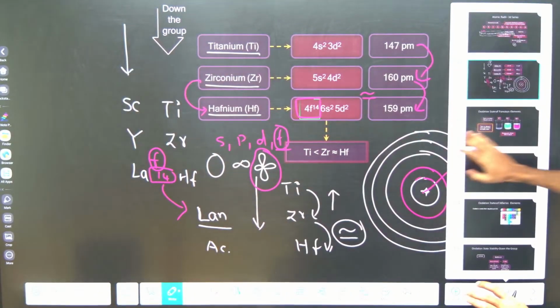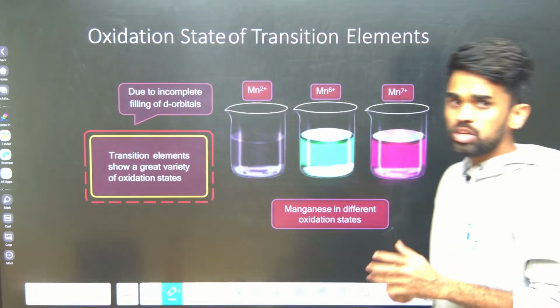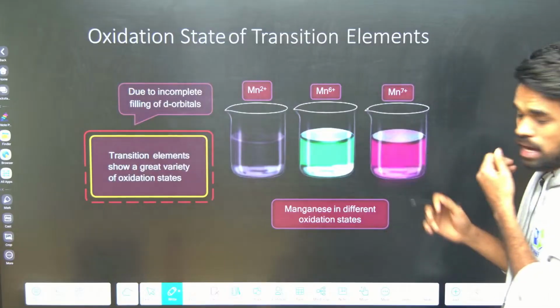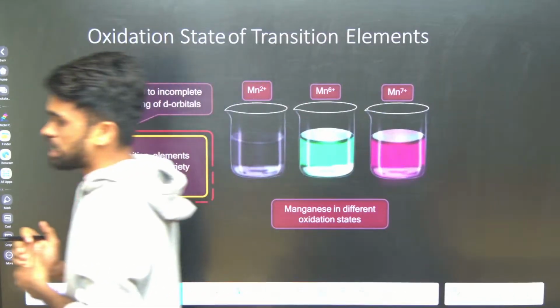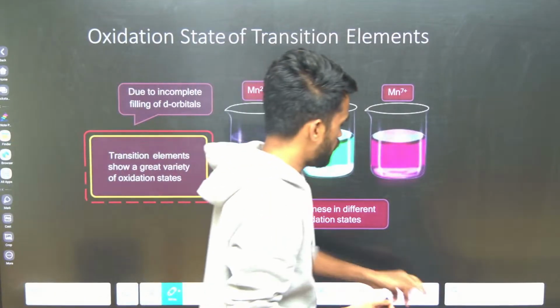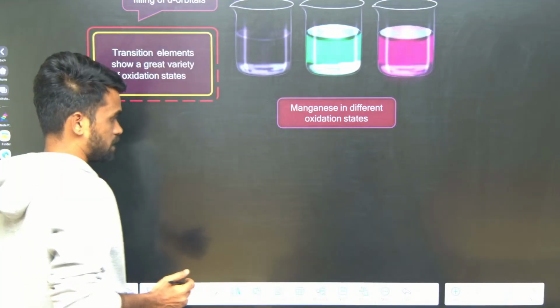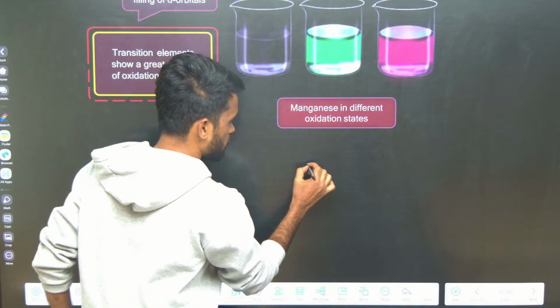So this is about size or radius changes. Now you know oxidation states, this transition elements show different oxidation states due to the presence of a different number of d orbital electrons. What is the valence electronic configuration we have written?